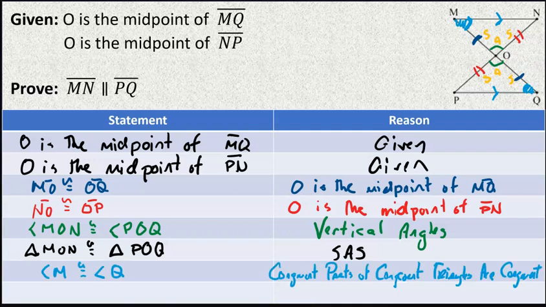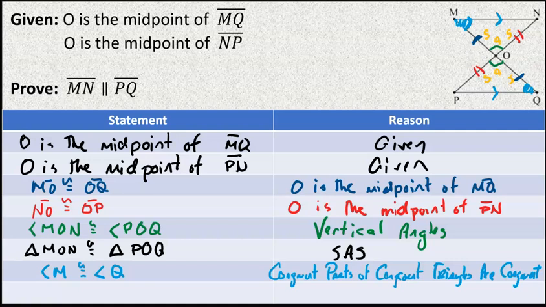I made the statement that angle M is congruent to angle Q. And what backs that up is congruent parts of congruent triangles are congruent. I wrote that in plain English, which is just fine. Took me a couple of tries to fit all of that into that line, but I got it to fit.